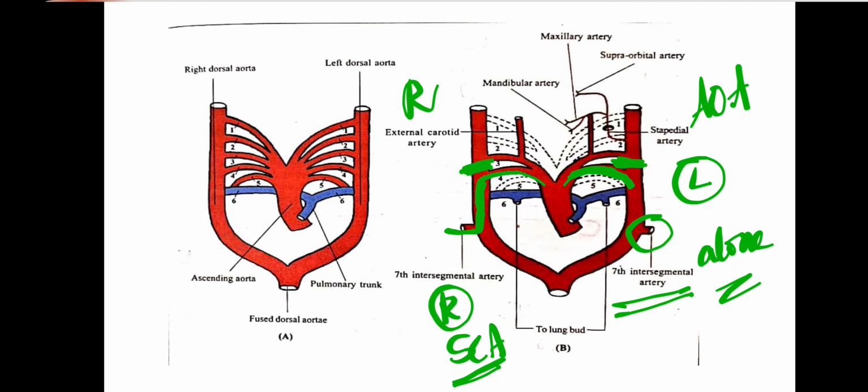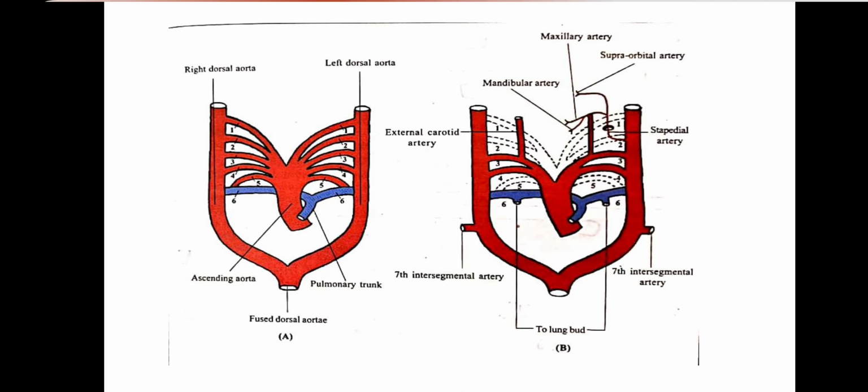What are the other contributions to the arch of aorta? As I said before, we have the right and the left horn of the aortic sac. The right horn of the aortic sac is going to form the right brachiocephalic trunk, otherwise called the innominate artery.